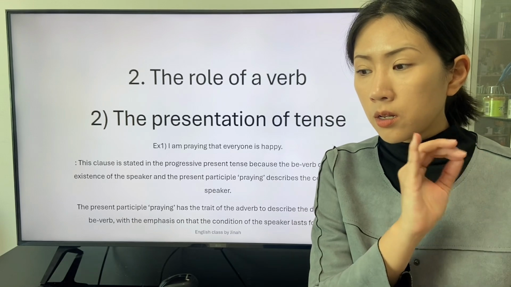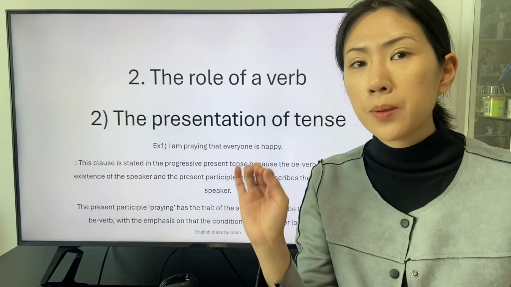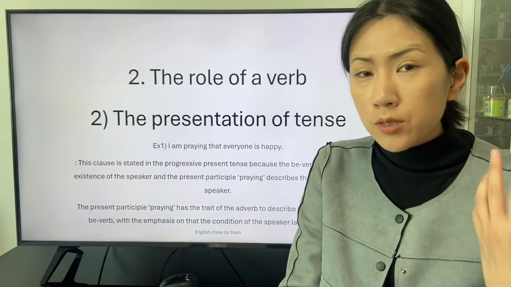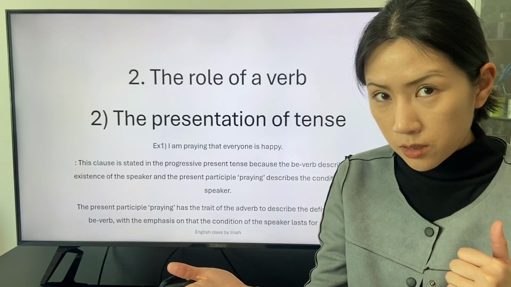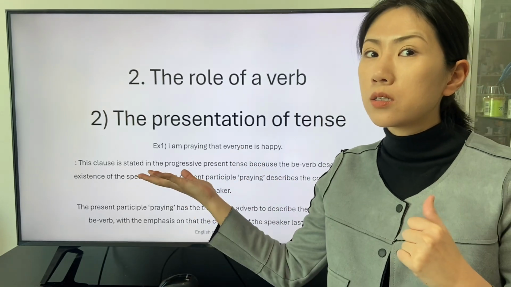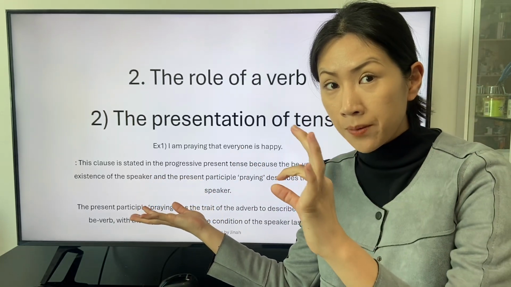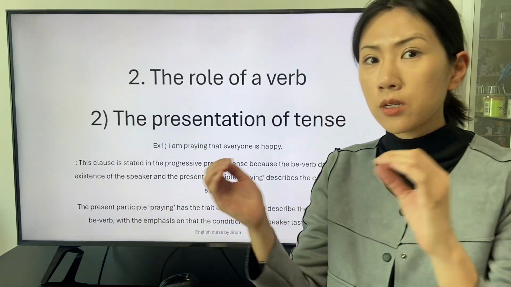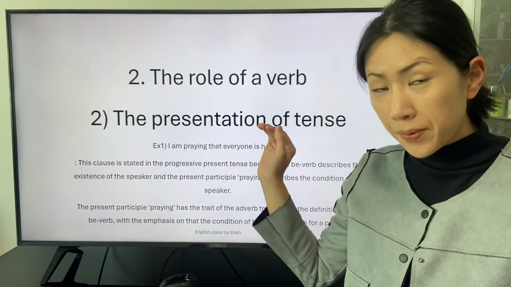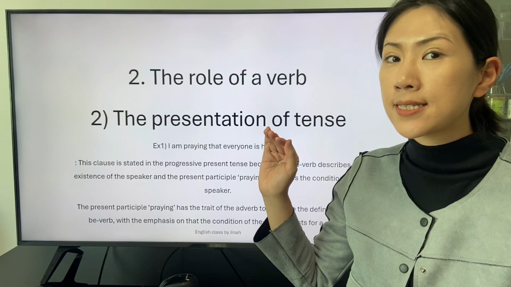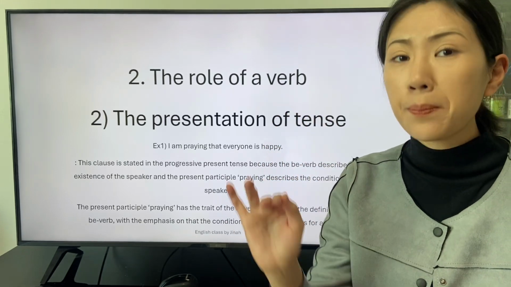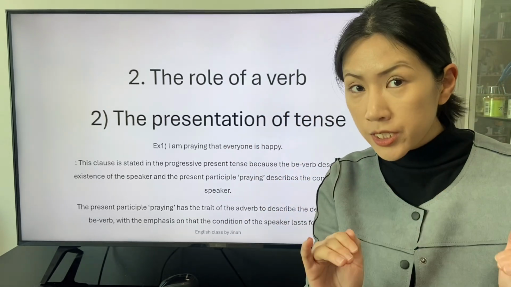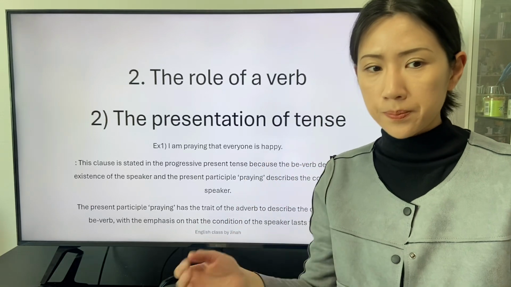The transitive verb pray describes a condition of the existing speaker. So, the present participle as an adverb describes the condition of the speaker.